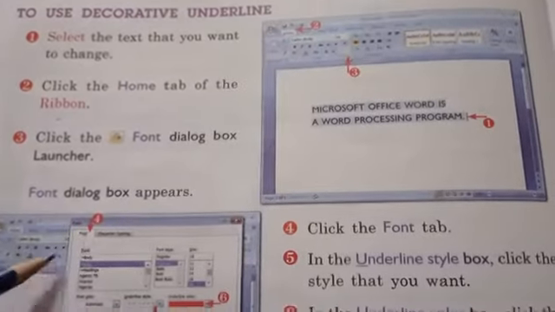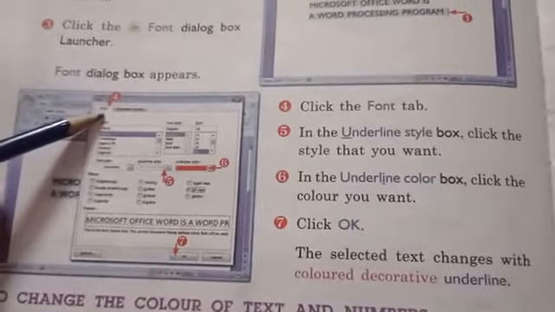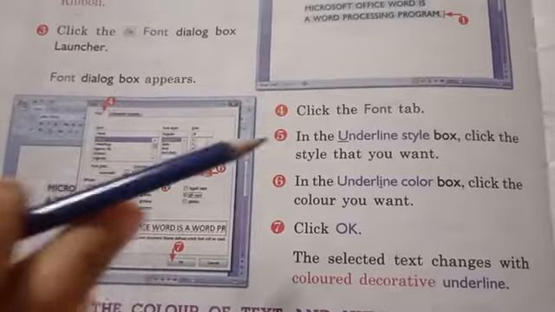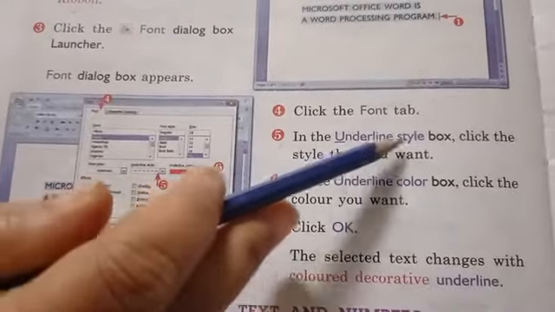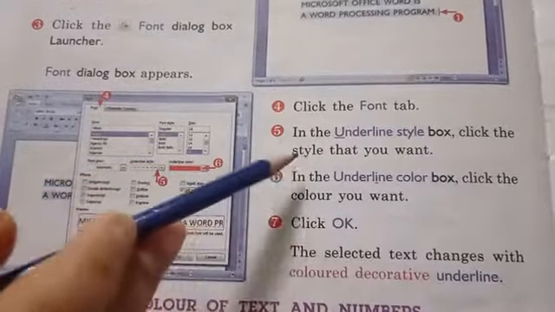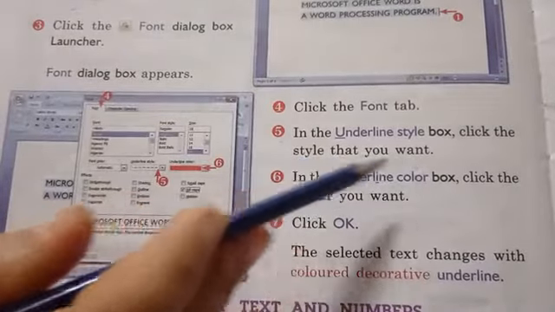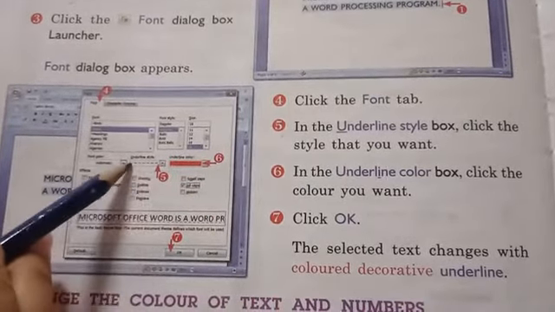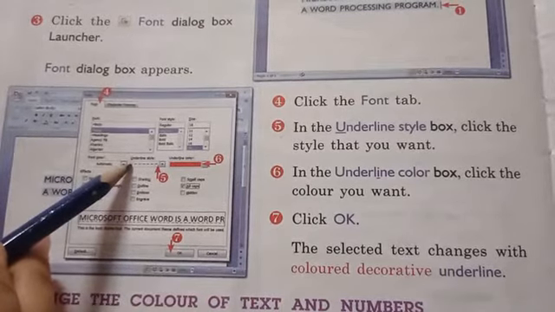After that, click the Font tab just like before. Fifth step, click the Underline style box. Click the style that you want. You can see the underline style here.